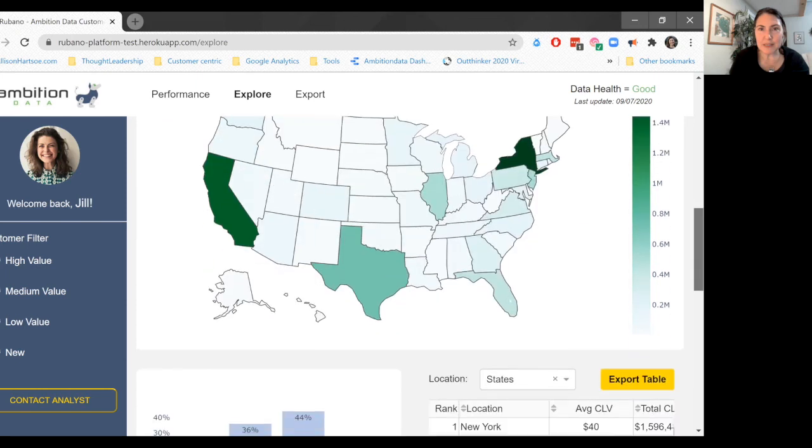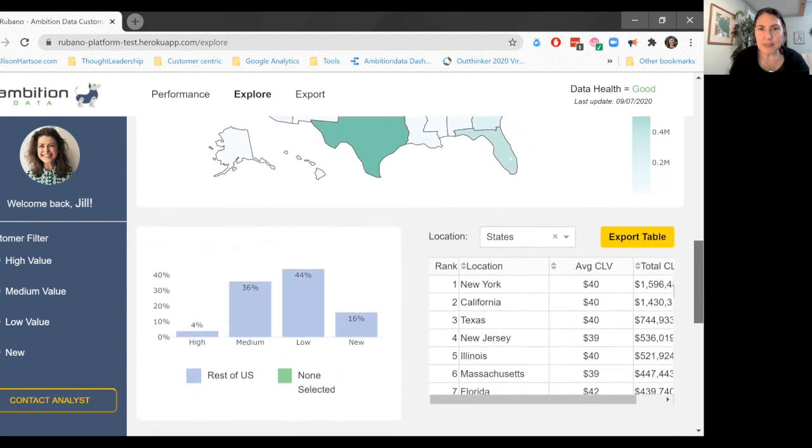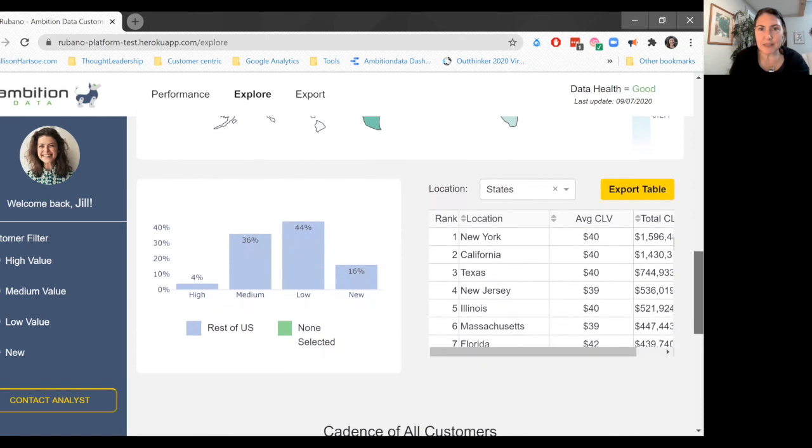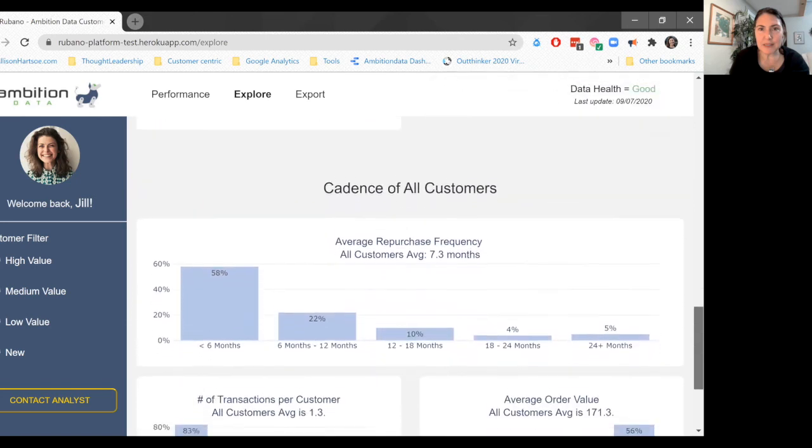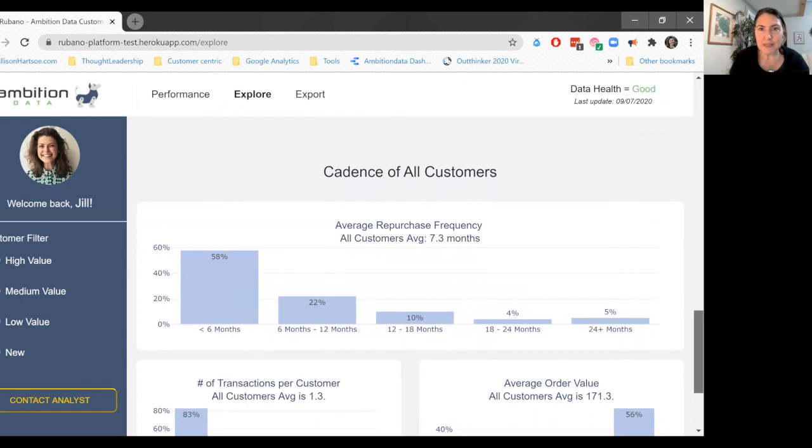And now, if we scroll down just a little bit further, we can get some more detail about the cadence of the customers, understanding what the average repurchase frequency is. In this case, for all customers, the average is 7.3 months.